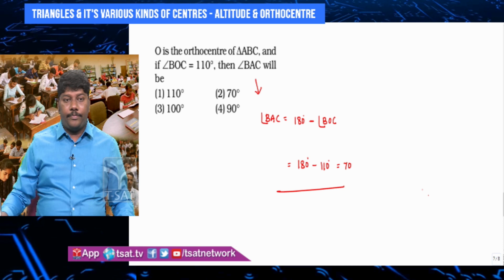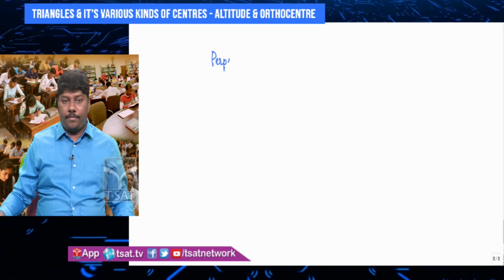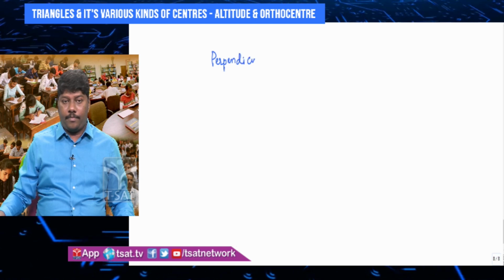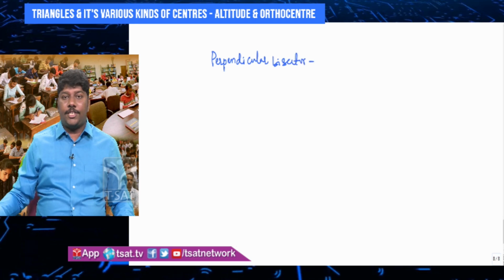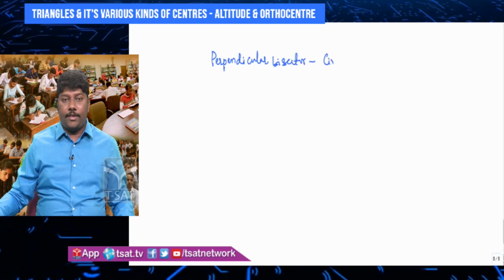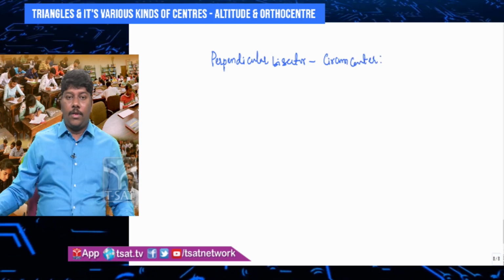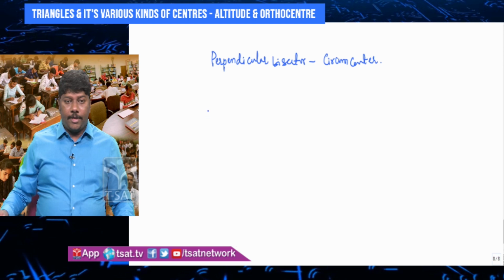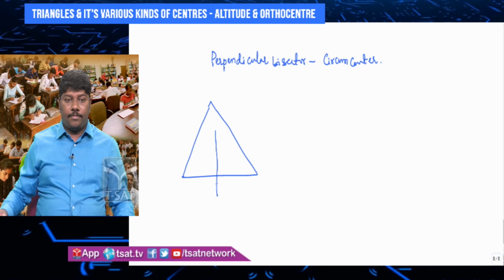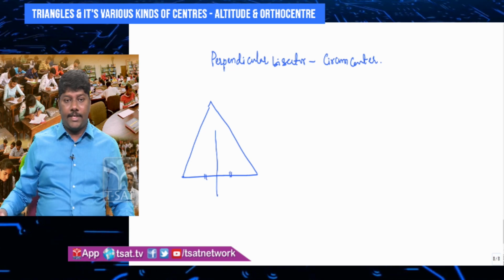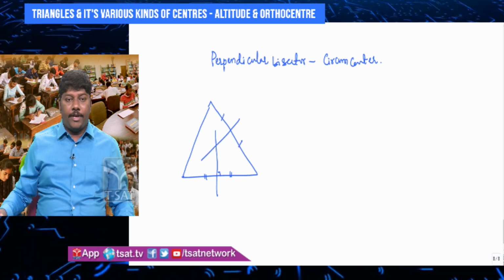Now, we look at perpendicular bisector and its intersection point, circumcenter. So, circumcenter is nothing but you have to draw the perpendicular bisectors, which bisect the side and are perpendicular to the given side.